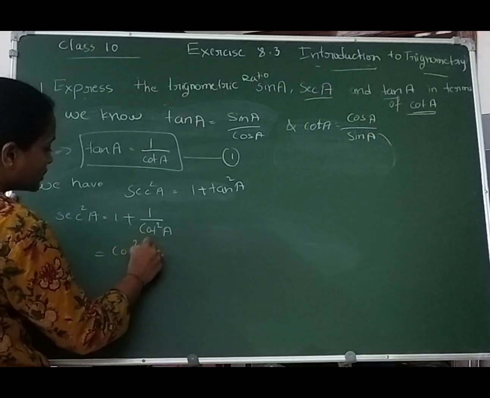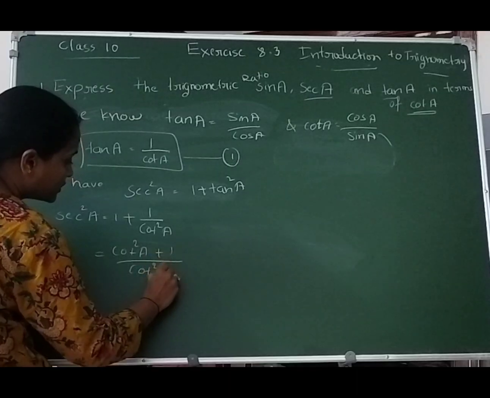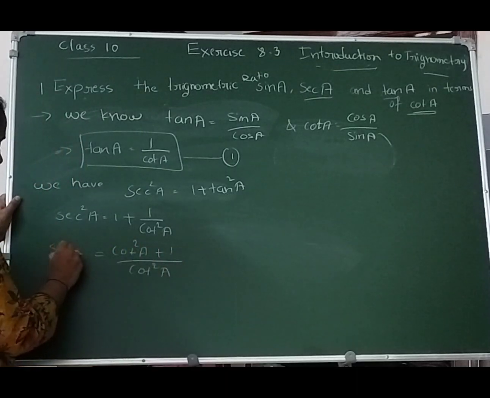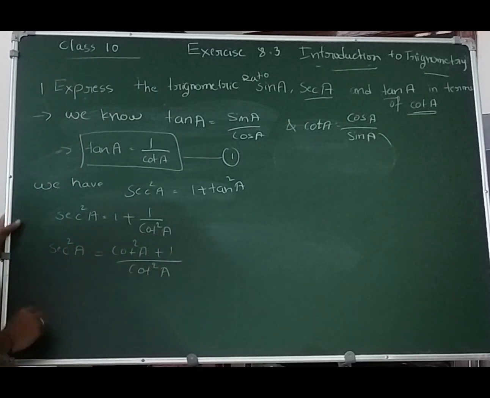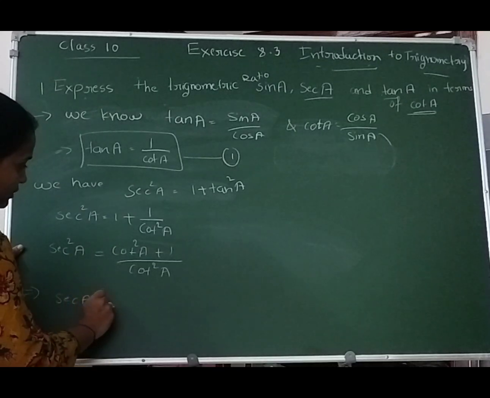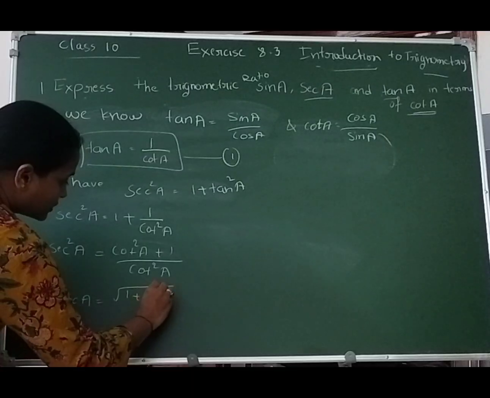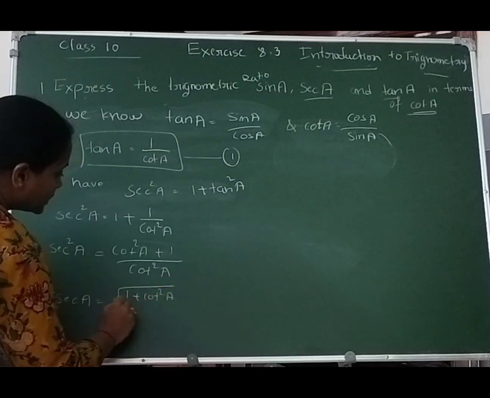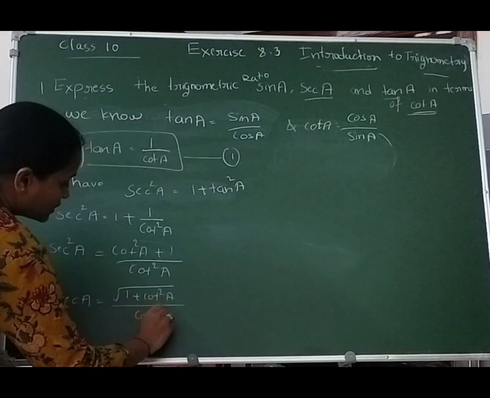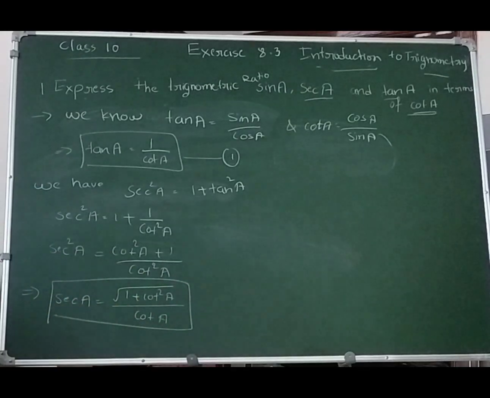So it will become cot square A plus 1 divided by cot square A. So that is nothing but secant square A. We need secant A, so we have to take a square root on both sides. So it will become square root of 1 plus cot square A divided by cot A. So this is a relation for secant A and cot A.